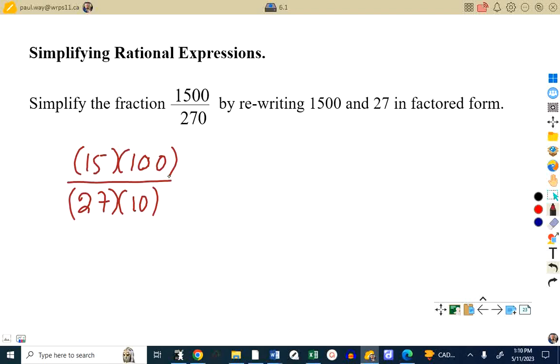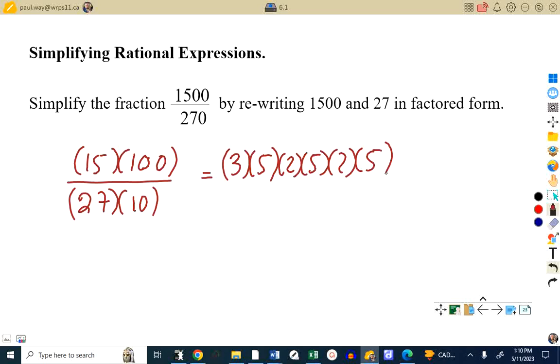Well, we won't cancel anything yet. Can I factor things further? Can I write 15 as a product of things? 3 and 5. What about 100? Can I write 100 in factored form? Well, that's 10 times 10. I hope nobody is overly confused by me saying 2 times 5 times 2 times 5, because 2 times 5 is 10, 10 times 10 is 100. Still with me?